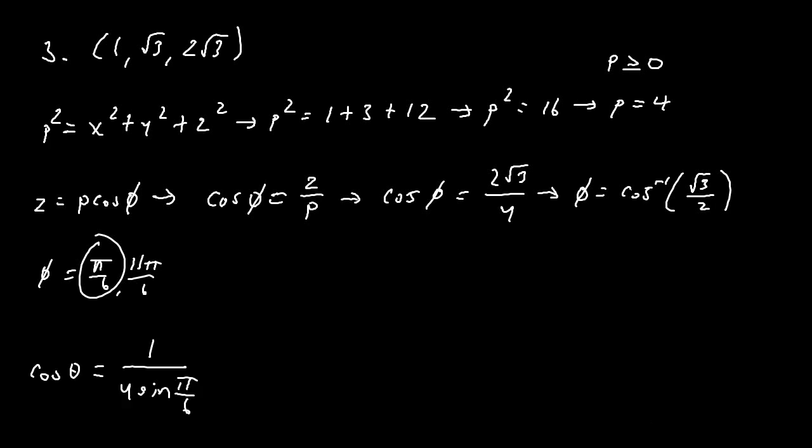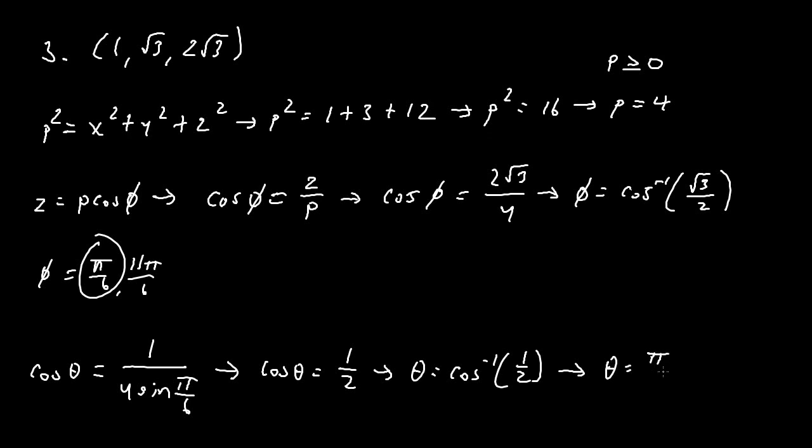Now sine of pi over 6 is going to be 1/2, and 1/2 times 4 is 2. So cosine of theta is going to equal 1 over 2. So then theta will be inverse cosine of 1/2. So in this case, theta can either be pi over 3 or 5 pi over 3.